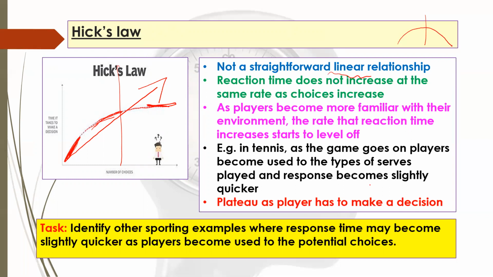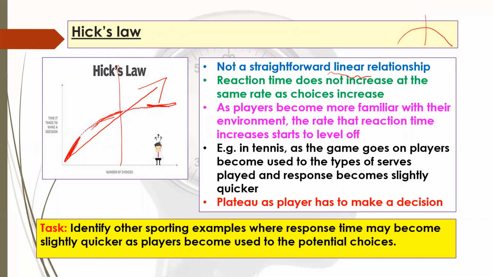So that's one of the more straightforward reasons why it starts to plateau, because time can't just continue to go on and on until a decision's been made. That's almost taken out of your hands. So two key things to bear in mind there. The general rule is that as the number of choices increase, the time taken to respond will increase.